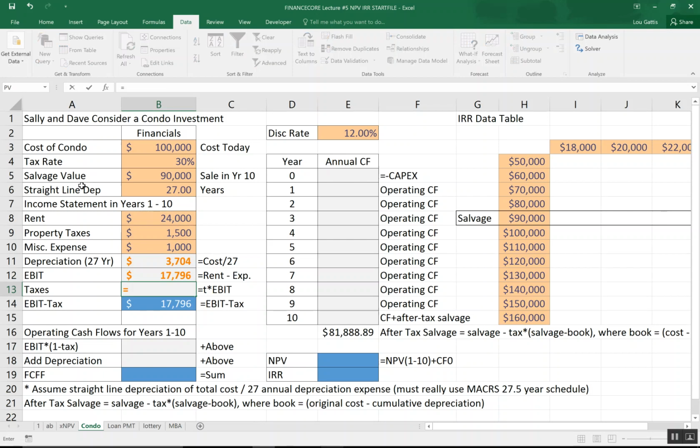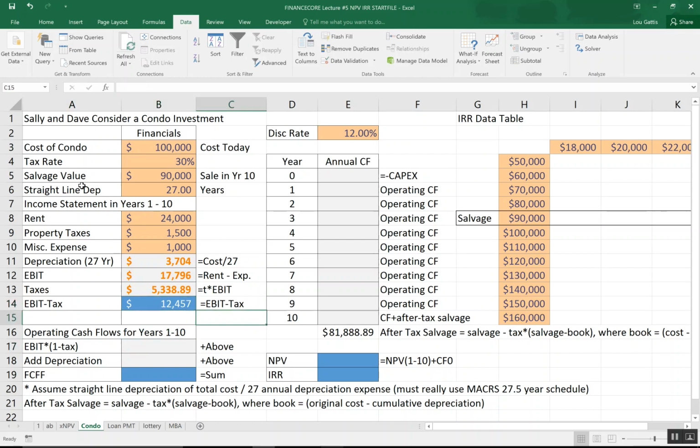Our tax is going to be Sally and Dave's personal tax rate times the earnings before interest and tax. So that's going to give us taxes of $53.39 and earnings after tax of $12,457.